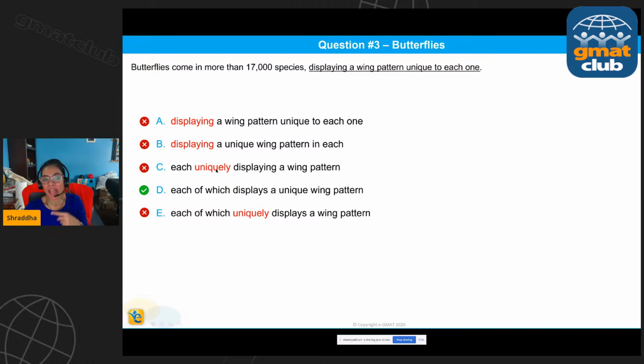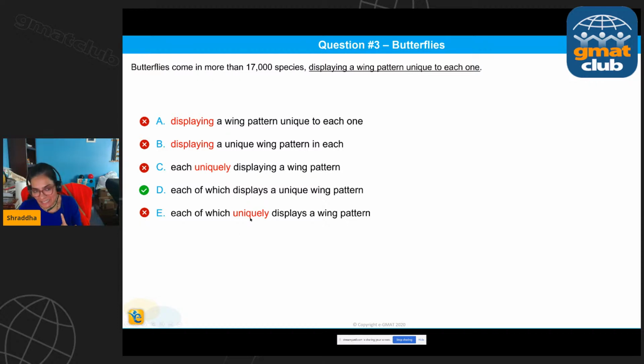Uniquely has become an adverb over here, which is now talking about the action displaying. That means they may not have a unique wing pattern, but every species uniquely displays the wing pattern. So there is definitely a meaning problem when we change the adjective unique to the adverb uniquely.